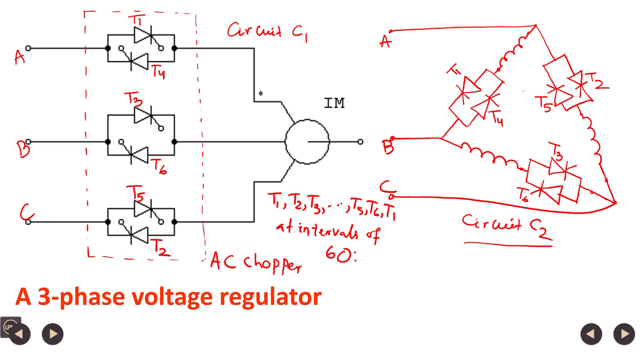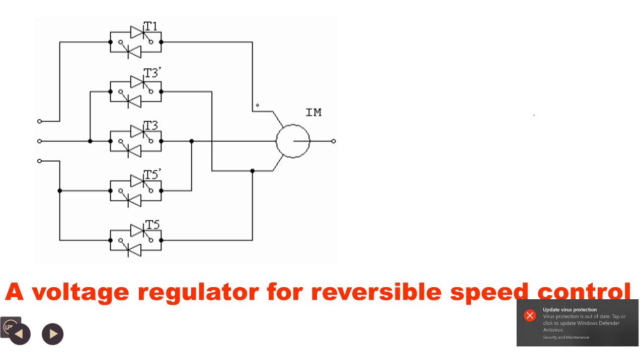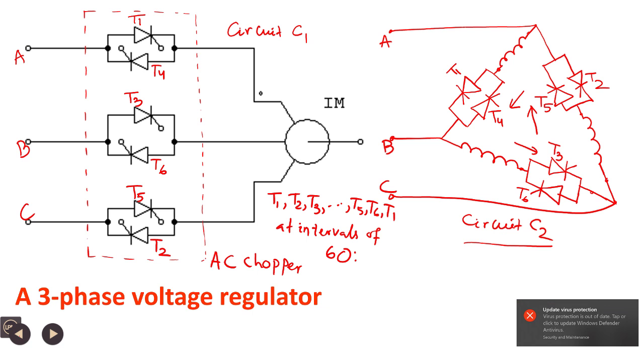So, third harmonic current will circulate in the delta, it will not flow in the line, but it will circulate in the delta. So, it will not flow in the line current. So, that is one disadvantage of this circuit.